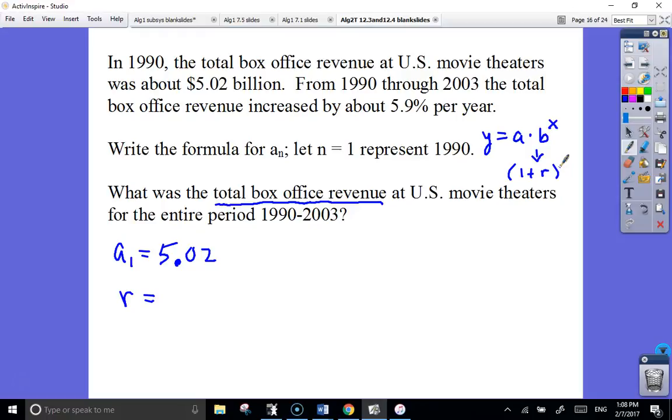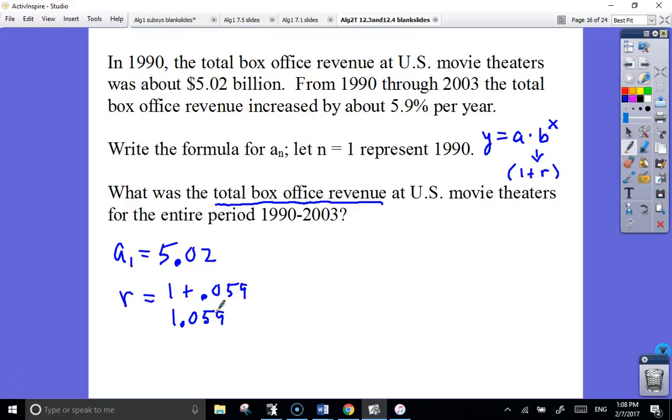What do you put in? 0.059. Okay, so this R is going to be 1 plus 0.059. So that's 1.059. It's a number that's a little bit bigger than 1, so when we multiply, you should get a little bit more than you had the year before.